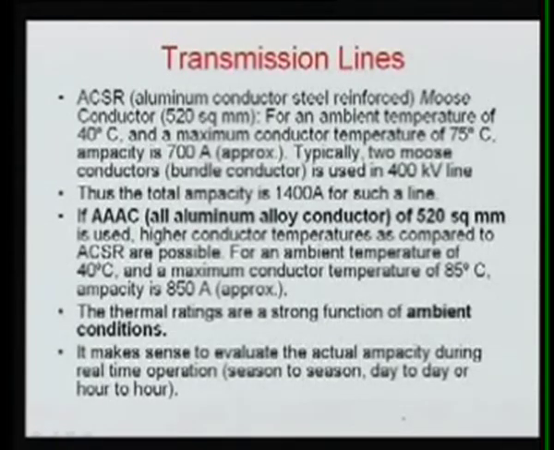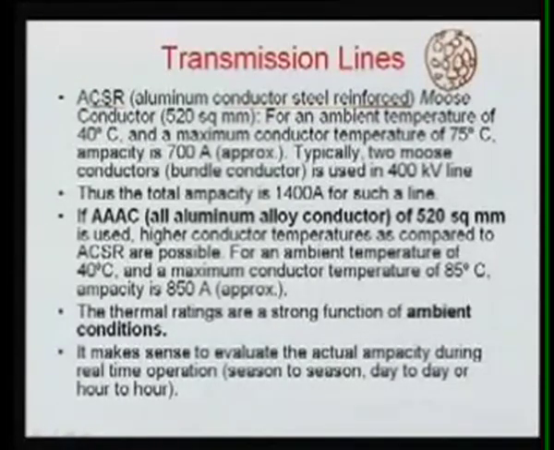This ACSR, as I mentioned, is aluminum conductor steel reinforced. We use steel inside, and around this we use the aluminum conductors. There may be one or two layers of steel, and over and above we go for the aluminum conductors. This type of conductor is known as a stranded conductor.